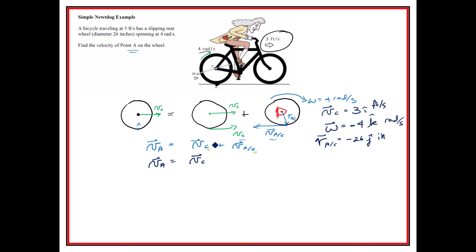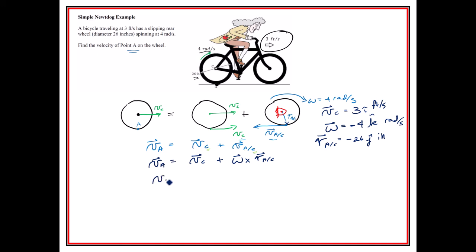Yeah, so to set up the vector right here, we write out the vector equation, omega cross RA with respect to C, right there, right?